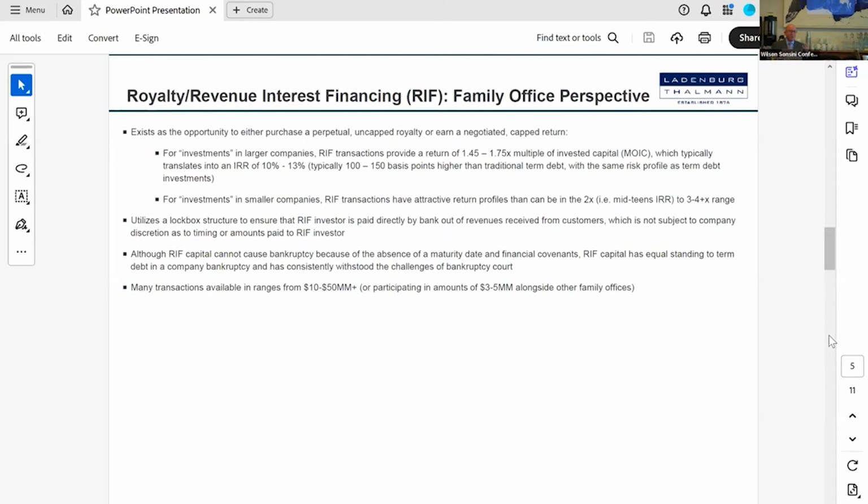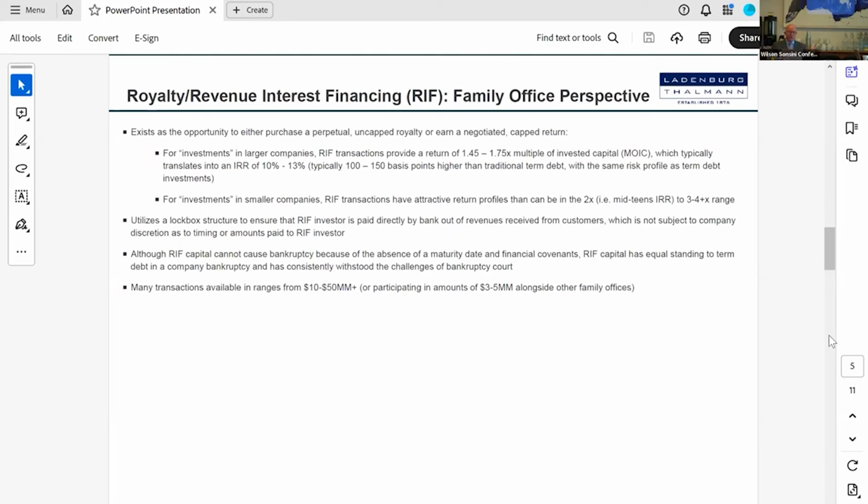So that might be a multiple of 2x, and can be 3x or 4x or more, depending upon the specific company, the risk of the assets, et cetera. But as an investor, you can basically earn equity-like returns in some of the smaller companies, but having the protection of being a credit debt investor.